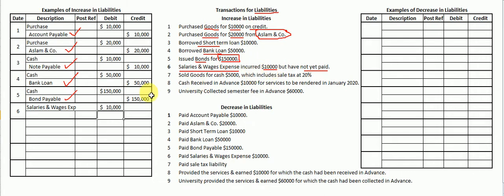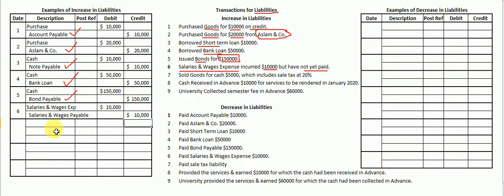So your expense is incurred, but since you have not paid, your liabilities increase. It is a business liability to pay them later. That is why for this liability we have the salaries and wages payable account. Just increase payable at the end.